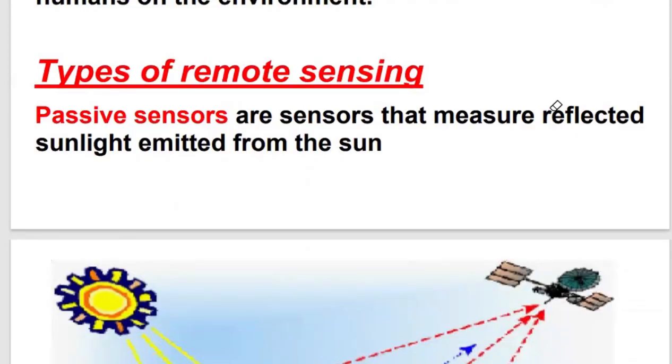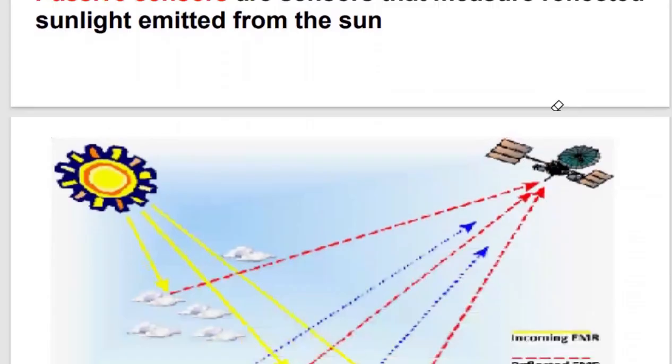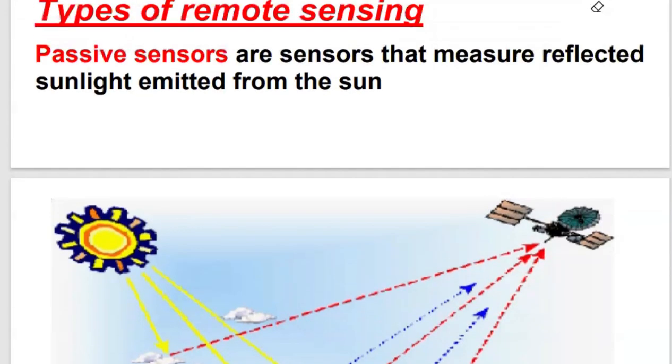So sensors that measure reflected sunlight emitted from the sun rely on the amount of reflectivity that is sent back to the atmosphere from the energy that comes from the sun. That is passive. The sensors are not actually collecting the information on their own, but are relying on reflected energy from the sun.